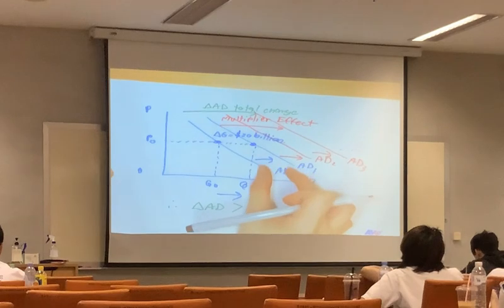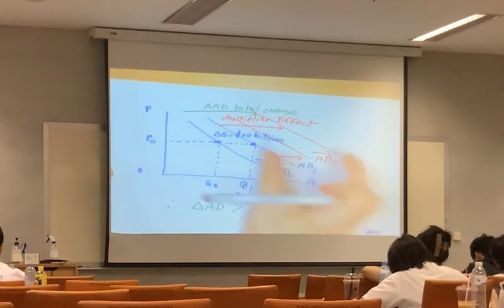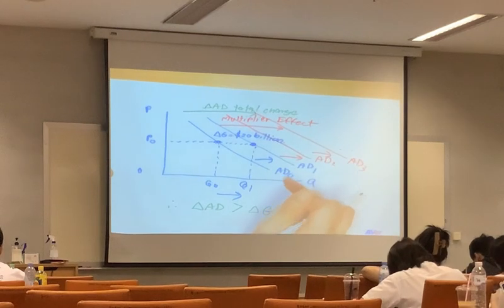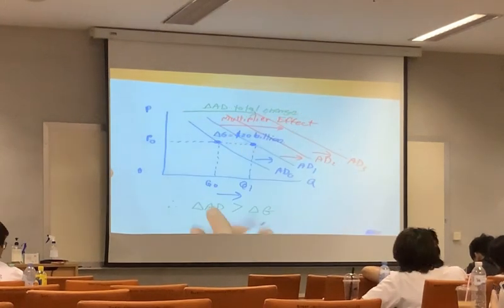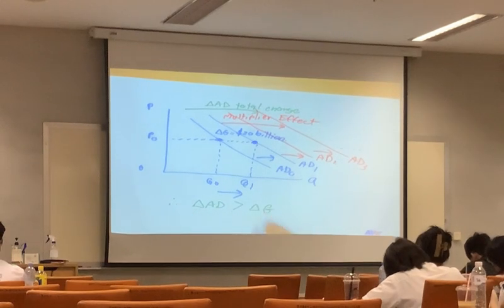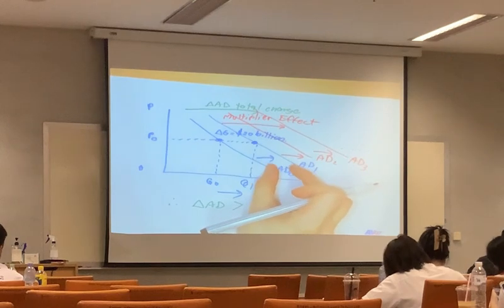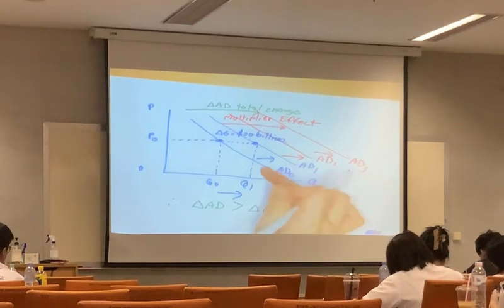This is AD original, this is the multiplier, and the total chain is from AD0 to AD3. So the total AD chain is bigger than the G chain. The G chain is just only here, 20 billion, but the AD chain is more.